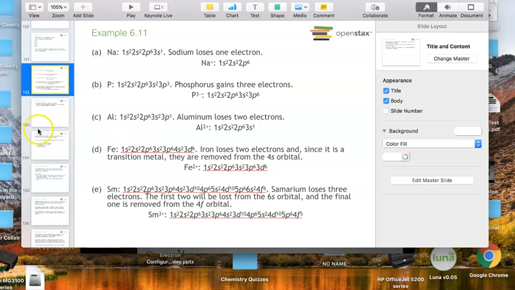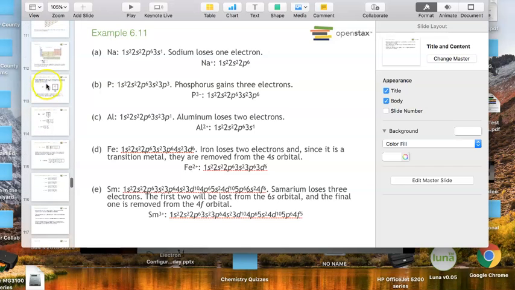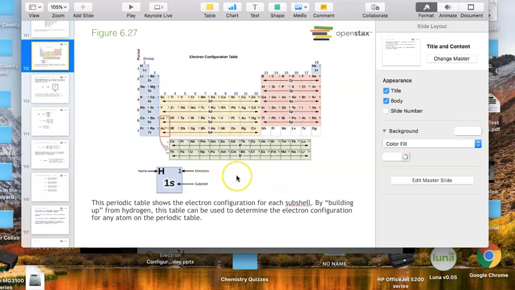All right, so samarium is a very large atom. Samarium's right here, Sm. We need to go through all of this.